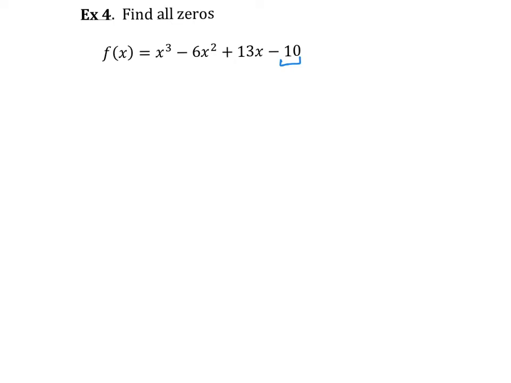It doesn't say I have to list the zeros, but I should be thinking this could be positive or negative 1, 2, 5, 10. The coefficient's just a 1, so I don't need to worry about that. I'm just guessing which one might work. Actually, I can try 1, I can plug it in my head. 1 doesn't work.